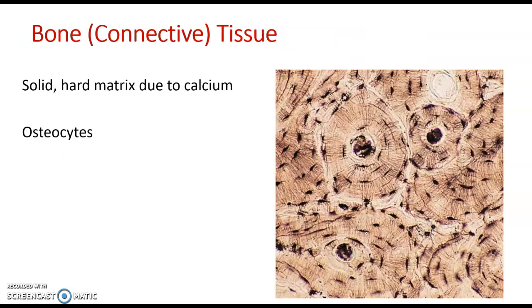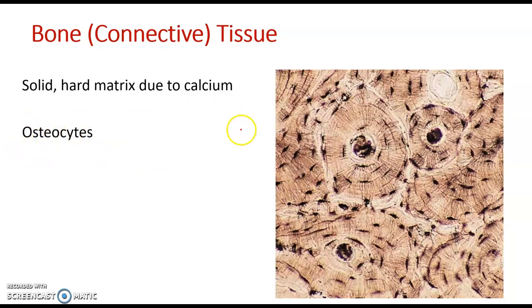Hopefully we remember from the discussion of tissues that bone is a type of connective tissue. The extracellular matrix secreted by bone cells is hard because of the large amount of calcium. And then the bone cells themselves, which are all of these little nuclei, are osteocytes.